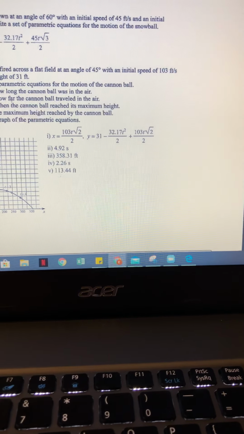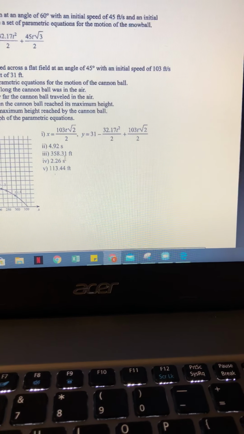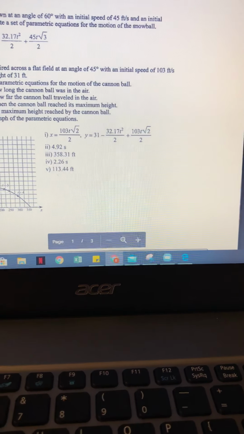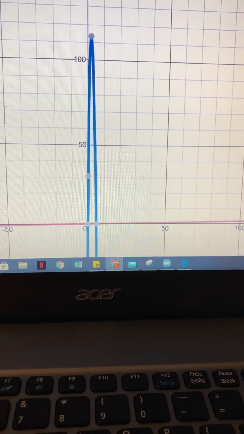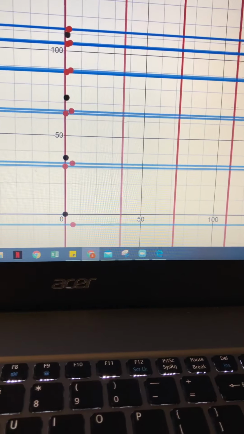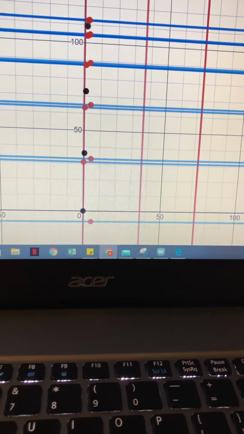Part 3, determine how far the cannonball traveled in the air. Well, 4.92 is how long it was in the air, and if we want to know how far it traveled, the answer we get is like 359.